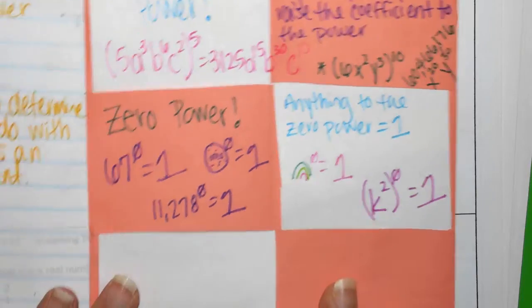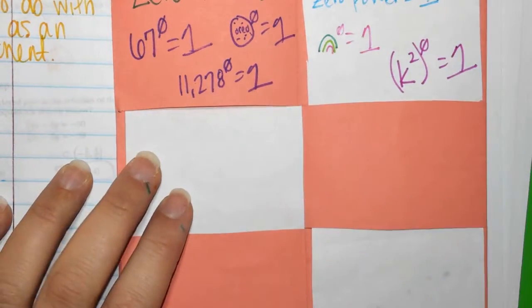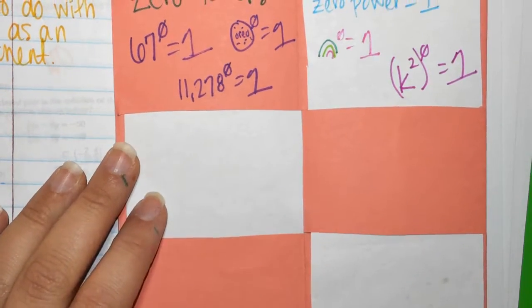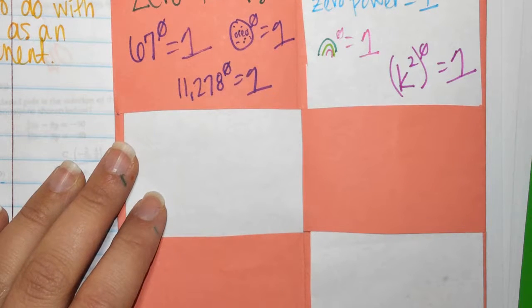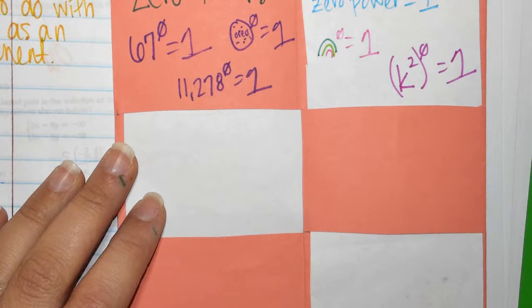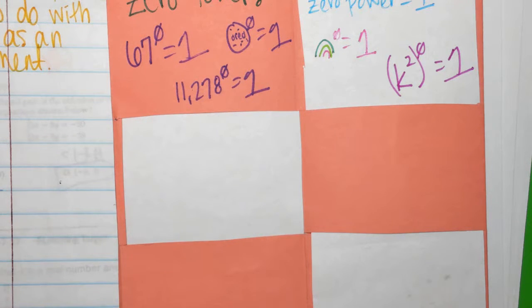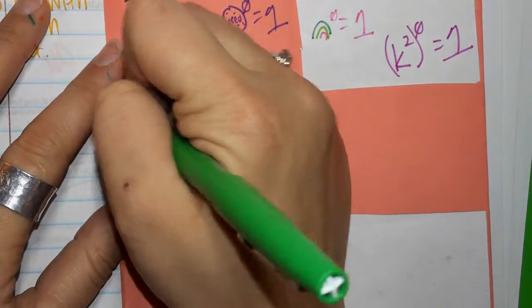Fantastic. Alright, so the last thing that we're going to do is, what have we not done as an exponent so far? We've had positive numbers as exponents, negative numbers, and 0. What have we not had? Fractions! Fantastic.